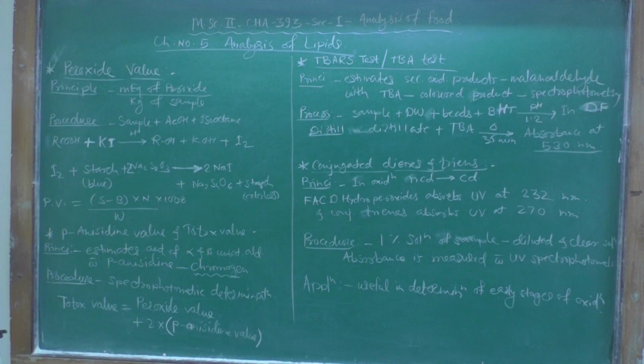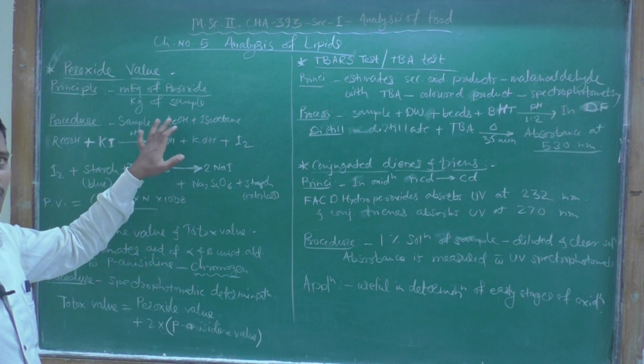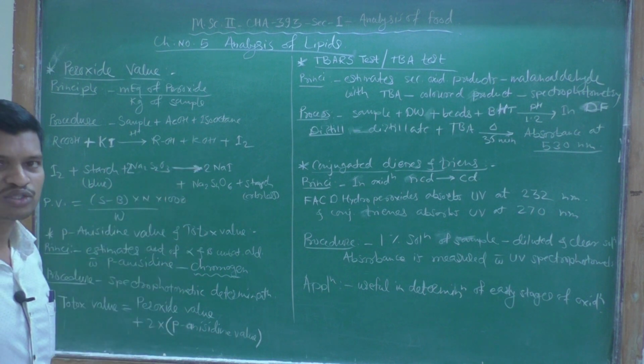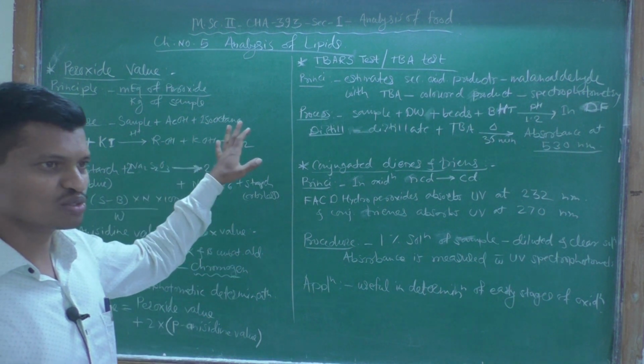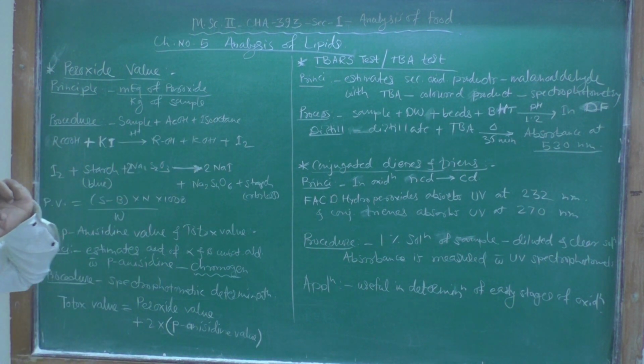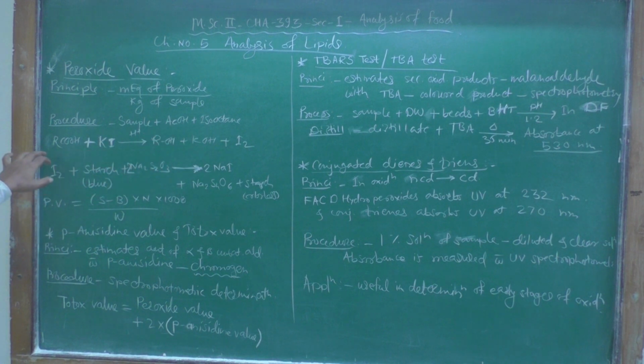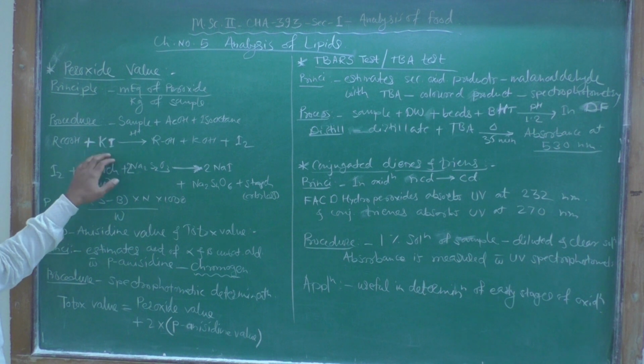Now, how are we going to determine this peroxide value? The simple procedure is given. First of all, the sample is taken in acetic acid and isooctane solution. Then in this acidic condition, the hydroperoxides react with potassium iodide.